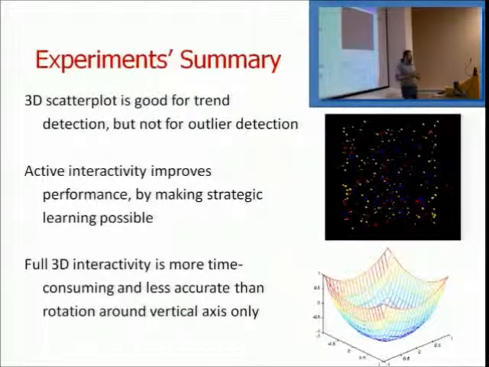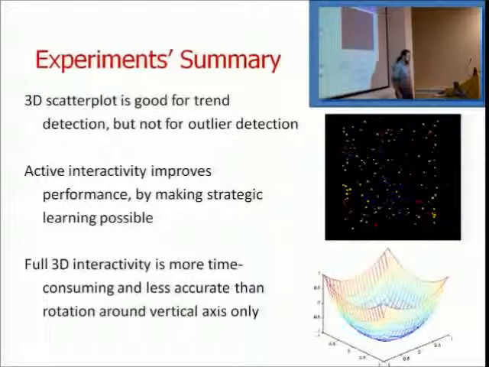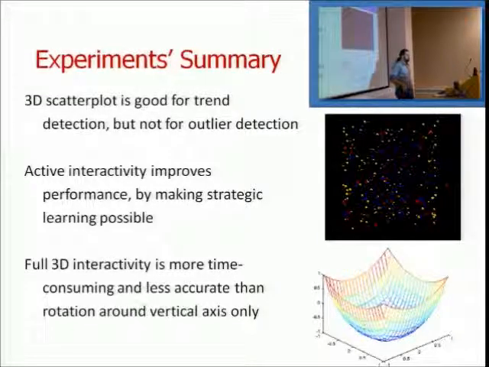But if we gave them the possibility to do a full 3-dimensional rotation, so rotate it in all 3 dimensions, and contrast it with rotation around the vertical axis only, the full 3-dimensional rotation looks awesome. It's absolutely brilliant and great, and it doesn't work. It takes about 2 seconds more to find what you're looking for.